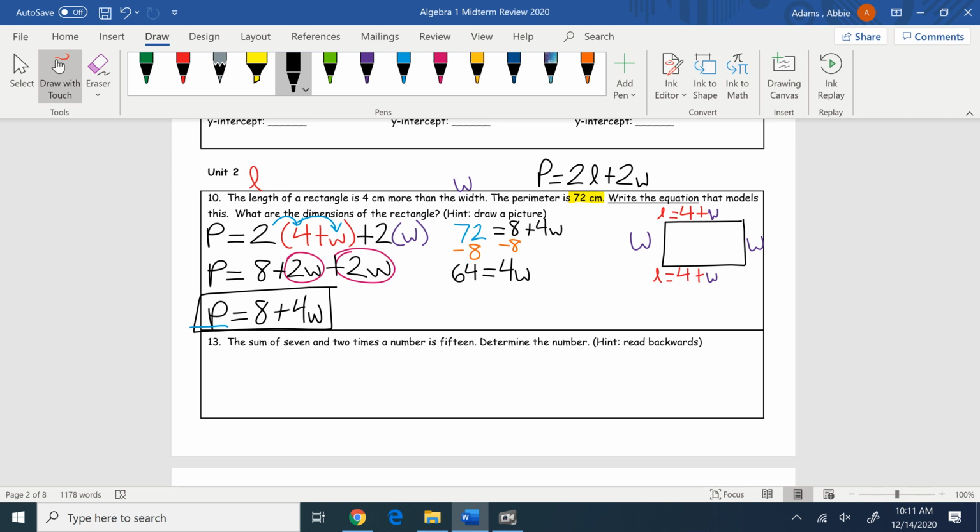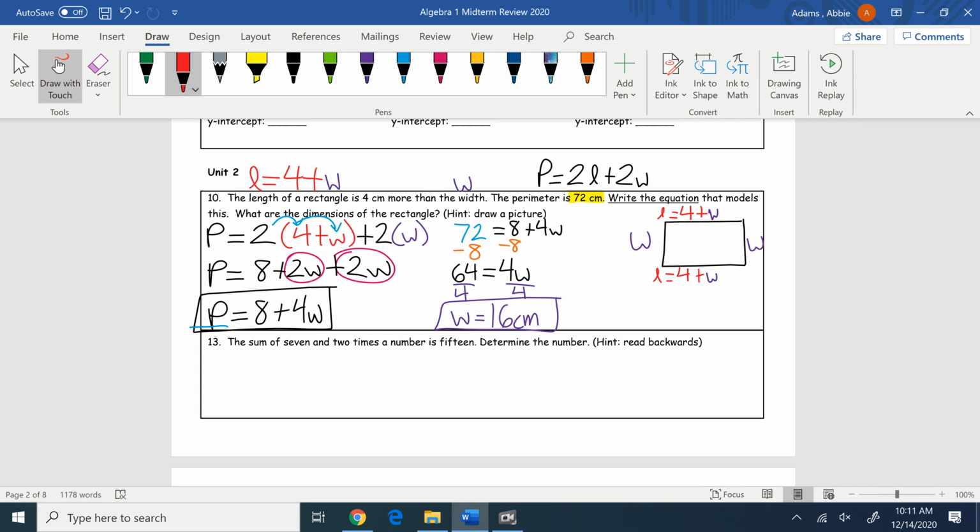And then we're going to do 64 divided by 4 to isolate our variable W. So we're going to divide both sides by 4. So our width is going to be equal to 16 centimeters. So we know our width. Now we've got to find our length. Well, I know that my length is equal to 4 plus my width.